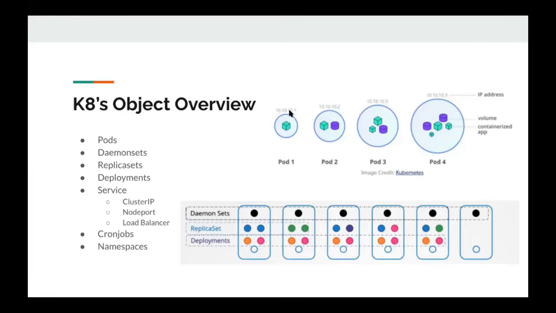Also in EKS, you will face a little problem: it uses its own CNI plugin, the AWS VPC plugin, and you will have an IP problem because it will take lots of IPs. So if you are trying to use EKS, your subnet range should be larger. Otherwise, you will get this IP limit problem.